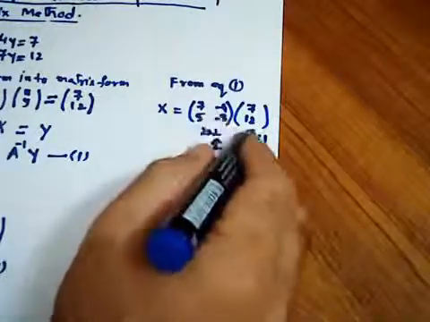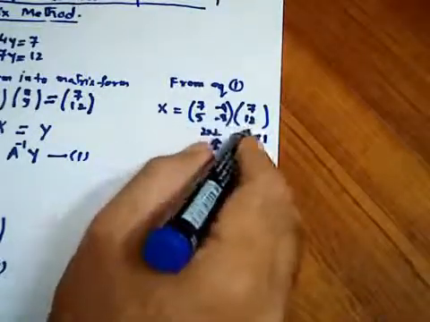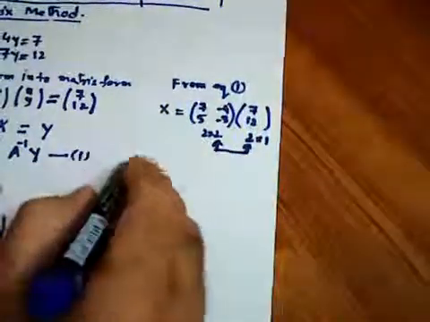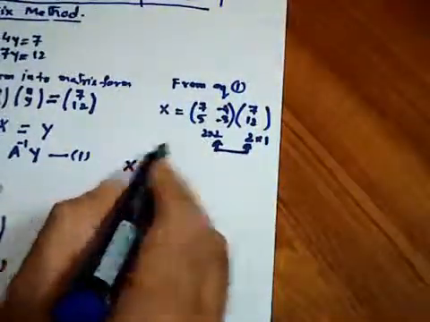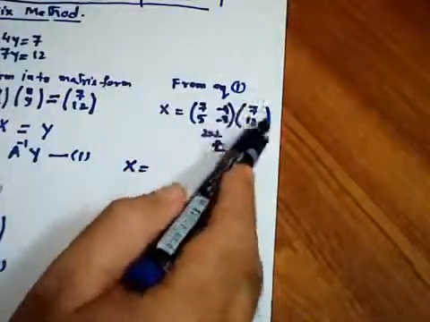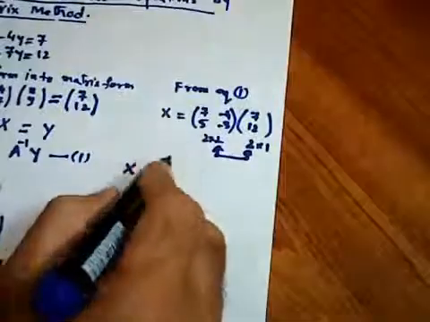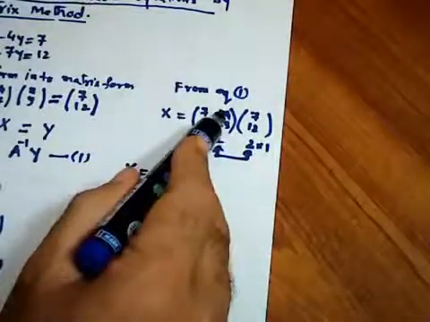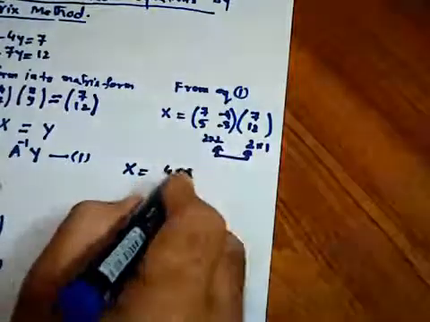If two matrices are equal, their corresponding elements are equal. It means x should be equal to 1 and y should be equal to -1. So we solved the simultaneous equations, and x = 1, y = -1 is the solution of the given simultaneous equations.